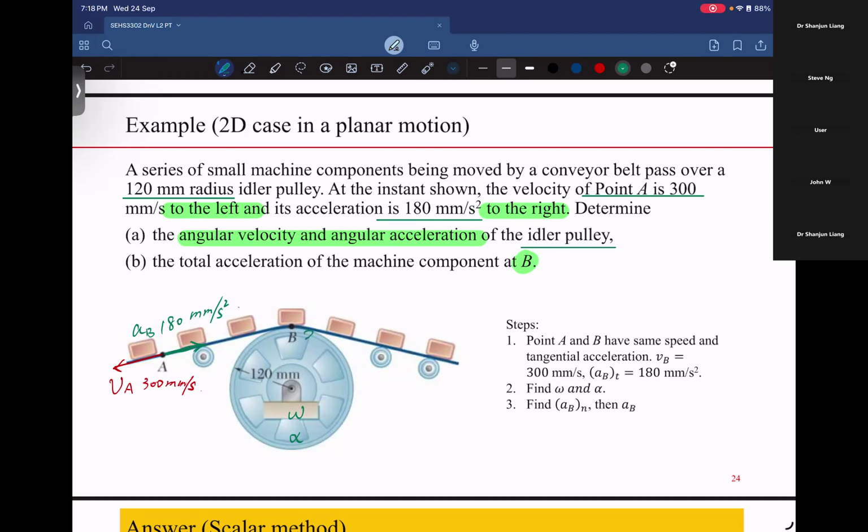Point B, all right? So now point B is marked here. If it's not marked here, you should know point B is very important, because point B is shared by the belt and the wheel. Therefore, point B is very critical.